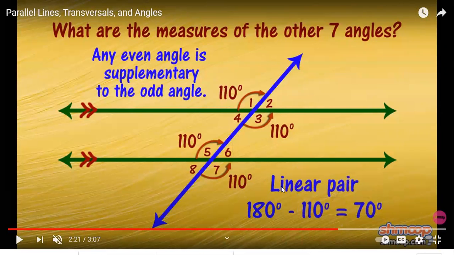Then if I want to find any missing angle for two adjacent angles, I would use a linear pair. 180 minus 110 equals 70 degrees.